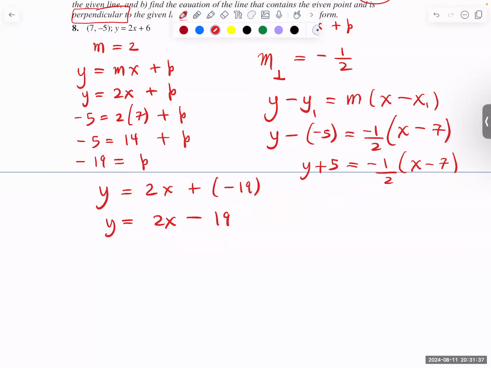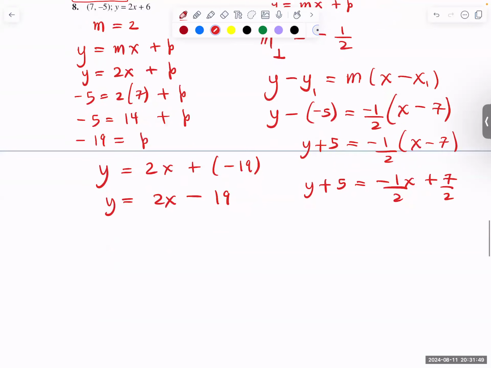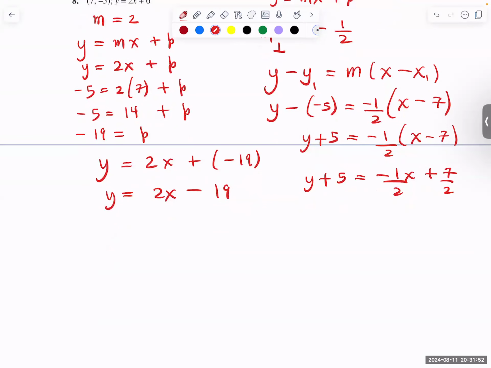Now for slope-intercept form, we have to solve for y. So let's distribute the negative 1/2, plus 7/2, and then subtract 5 from both sides. So y equals negative 1/2 x plus 7/2, subtract 5, or 5/1.